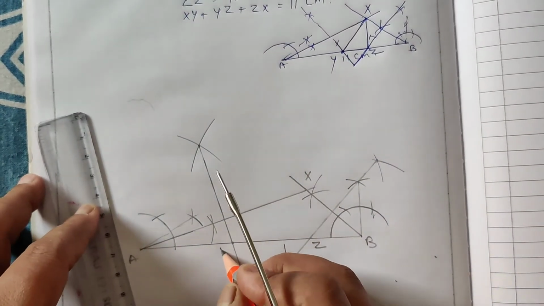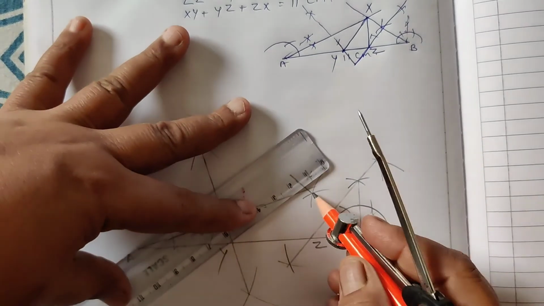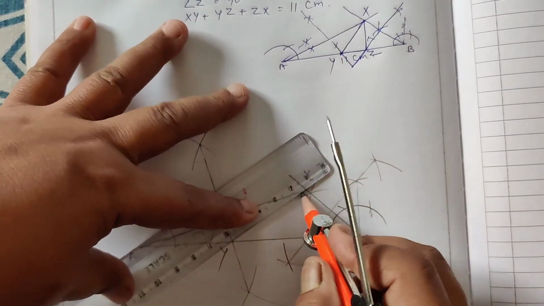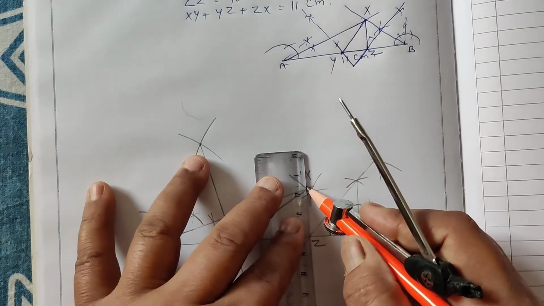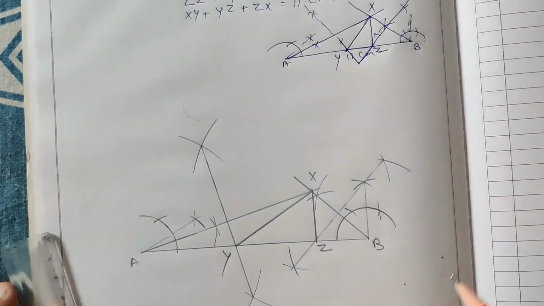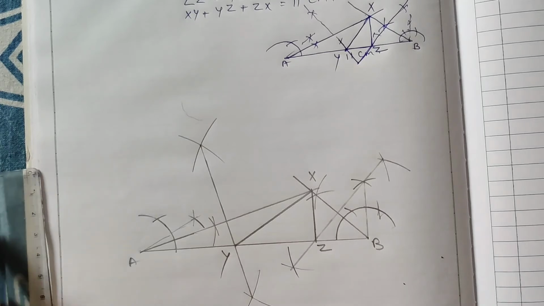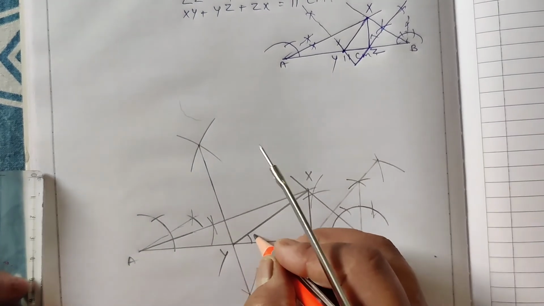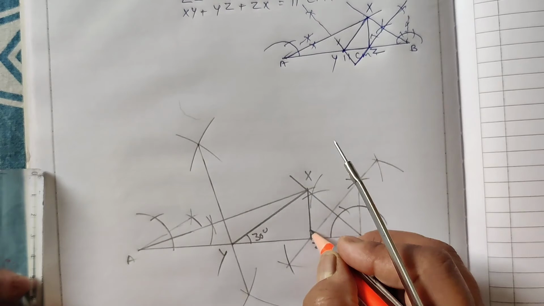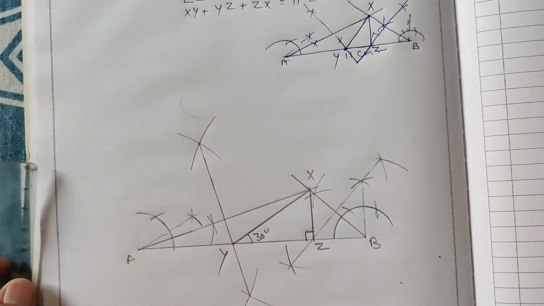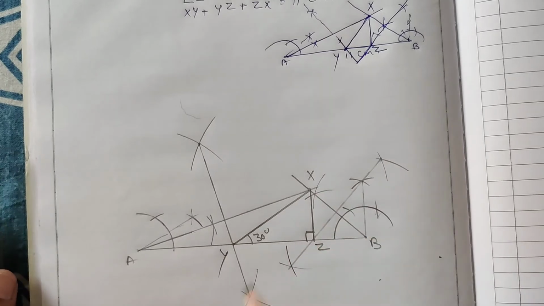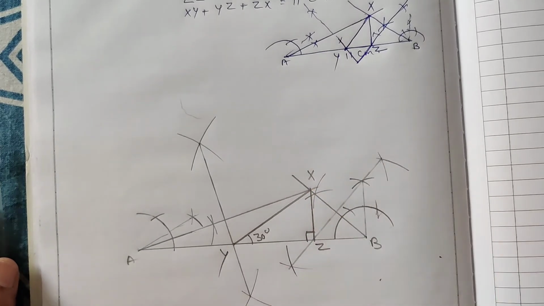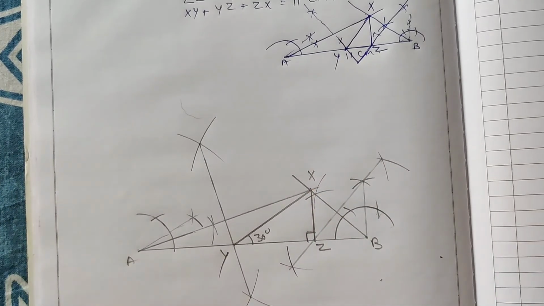This point is Y. Now join X, Y and Z. This is the required triangle. This angle equal to 30 degree and this angle equal to 90 degree, and the sum of XY, YZ, ZX, the perimeter of triangle XYZ, is 11 centimeter.